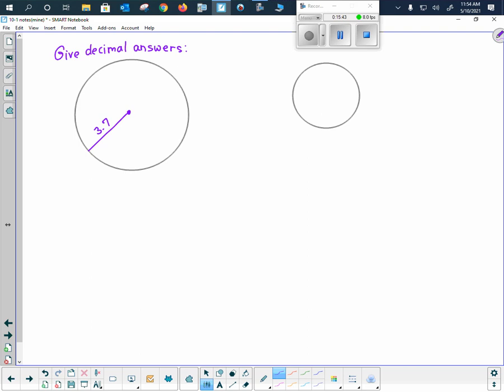I'm going to go ahead and talk about what you have to have and what's suggested. So I suggest that you write the original equation. That's going to help you get it down. So this is suggested. However, you can't just jump straight to the answers. Here's the minimum amount you can have, which is pi times the radius 3.7 squared.